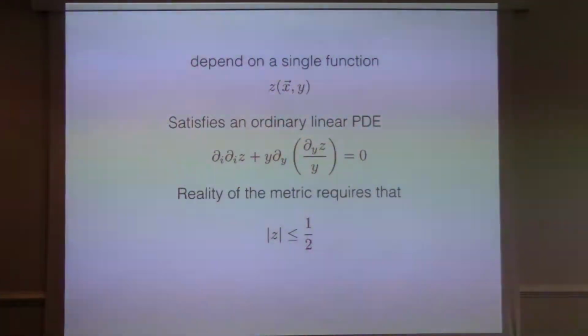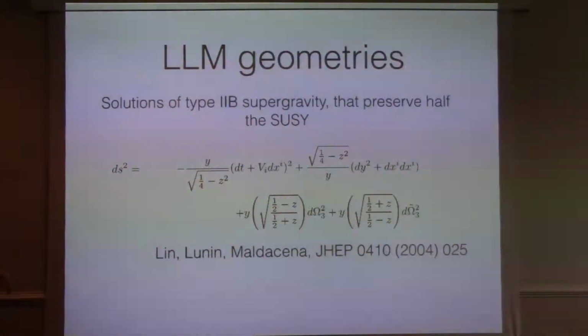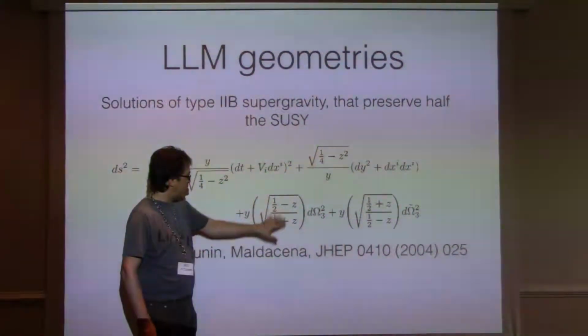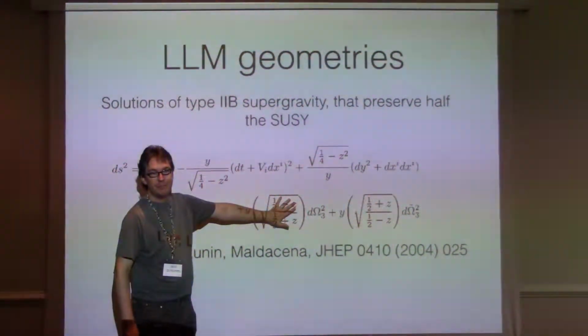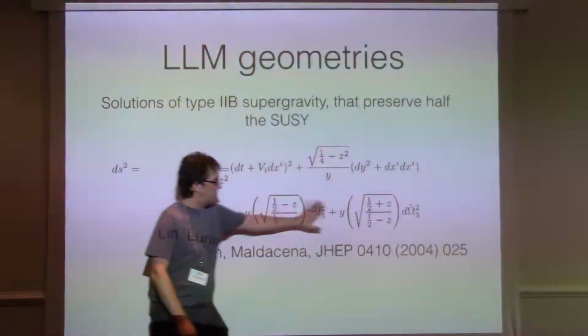So a linear PDE, elliptic, if you give the boundary conditions, there's a unique solution, and by the maximum principle, if z is +1/2 or -1/2 on the edge, it's less than 1/2 in absolute value on the interior. And if you look back at this thing, being in between 1/2 and -1/2 is required for this thing to be real. So it's a good solution, this works well.